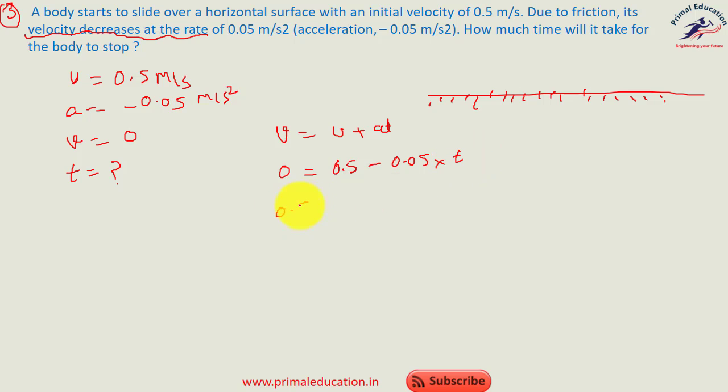So this is 0.5 equals 0.05 times t. So t is 0.5 over 0.05, which gives us 10 seconds. So the time is 10 seconds.